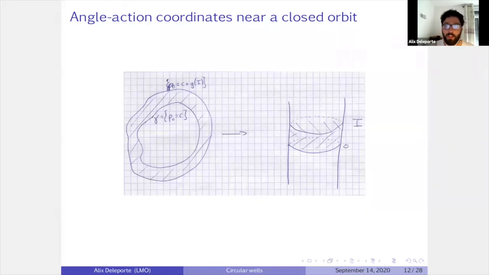And there's only one way, well, there are two ways, but let's choose one, to map it into a circle I equals constant in a way which preserves the volume. So the volume on the left is equal to the volume on the right, and that gives you the function G.